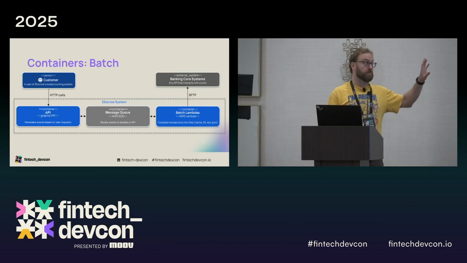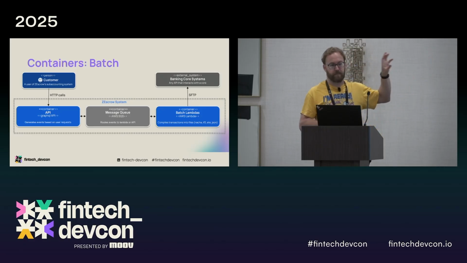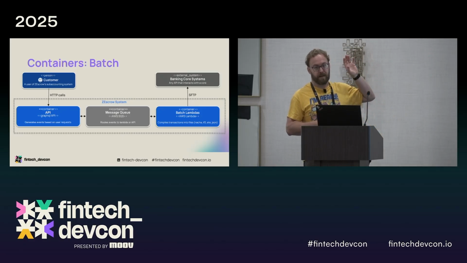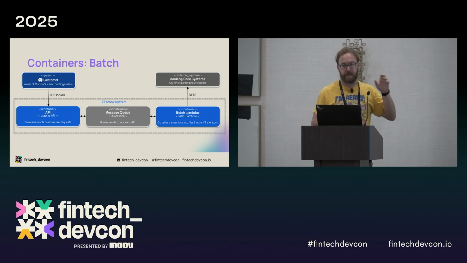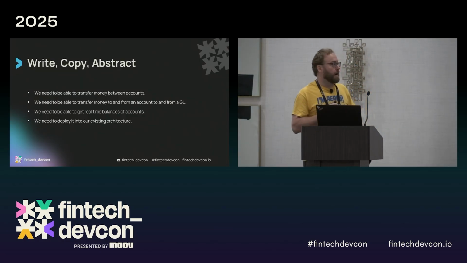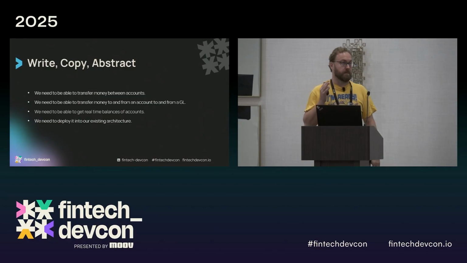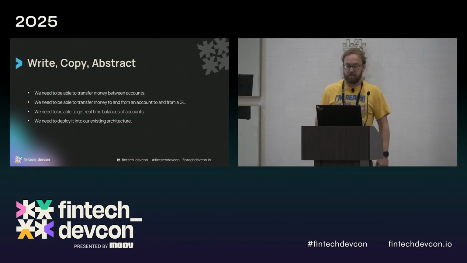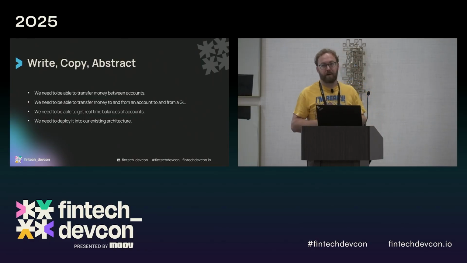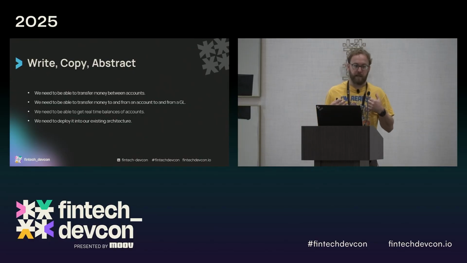So we're going to replace this batch system, which is a minimum of 24 hours of process time, with something live. So we looked at the problem, and the key things we need to do: we need to be able to send transactions, and there are two kinds. We need to be able to move money from a DDA to a DDA or SAV to SAV or some combination thereof, and we need to be able to make interest payments because we are the record of truth for the sub-account interest.